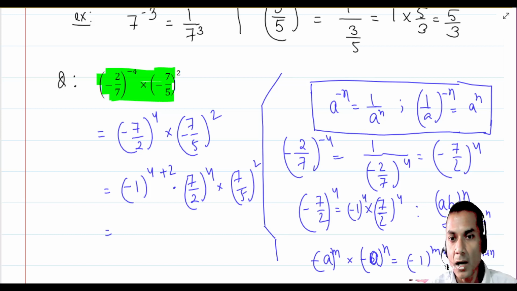Clear? Now 4 plus 2 is what? It is an even term. So minus 1 to the even term is 1, so no need to write anything. If it is minus 1, then you can write. So here you can say plus 1, no issue. Multiply 7 to the power 4 plus 2 and 2 to the power 4 into 5 square. Clear?